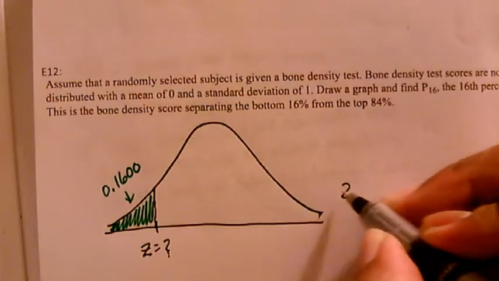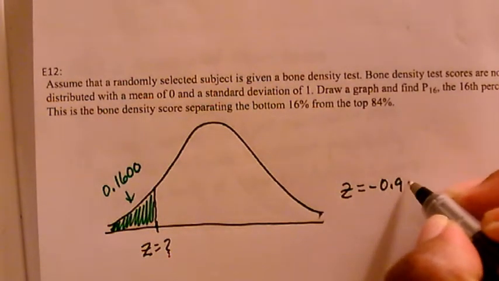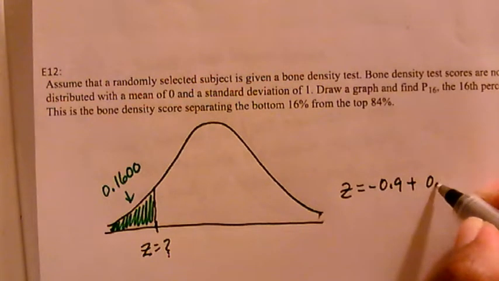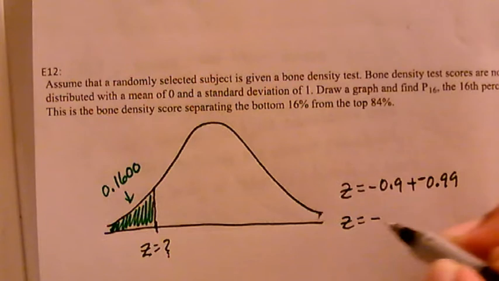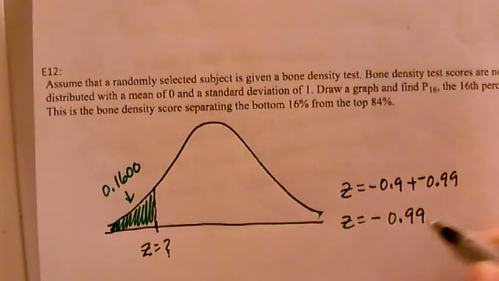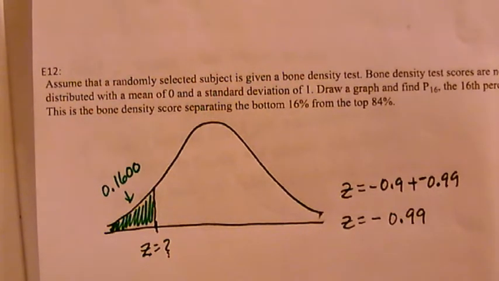So here my z-value is negative 0.9 plus the column, 0.09, and that's going to be negative as well. So it'll be negative 0.99. So negative 0.99 is going to be the corresponding z-value that's in the 16th percentile.